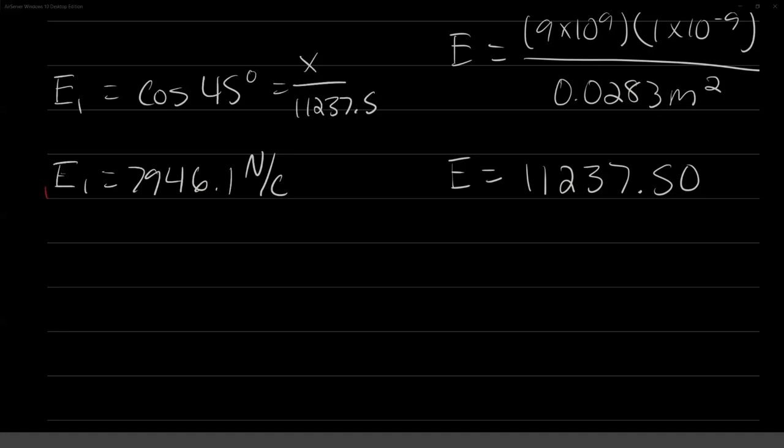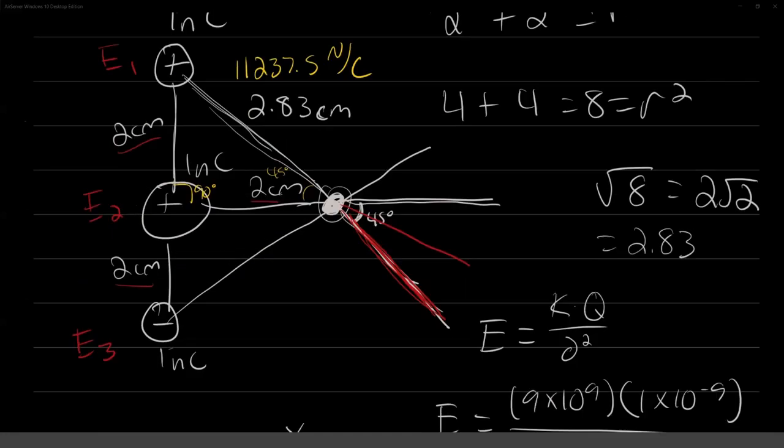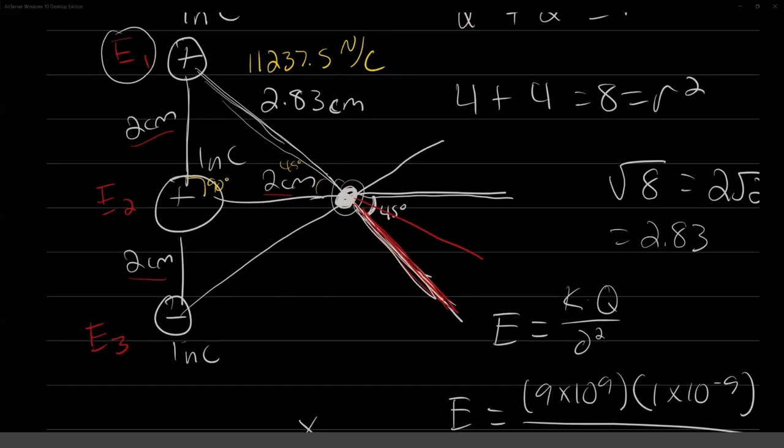Cool. So what direction is that, is E1 here, is pushing our particle down? Would it just be down to the left? It'd be kind of this one, right? Because it's kind of, it's pushing it out.